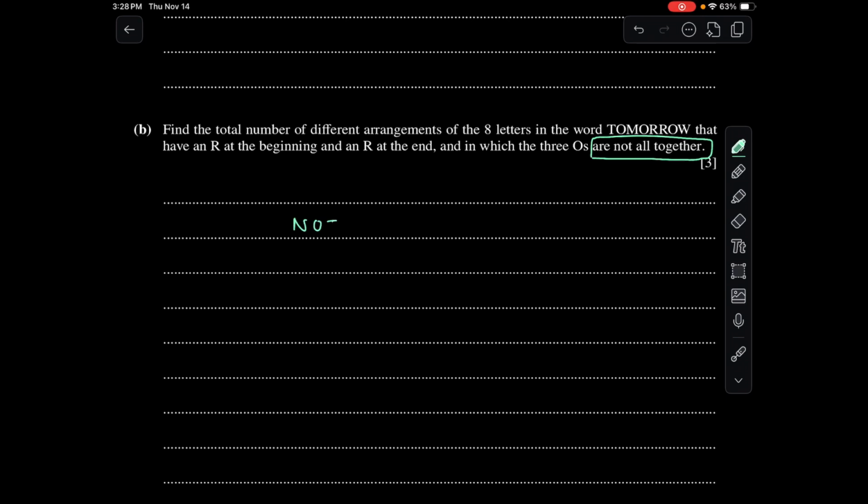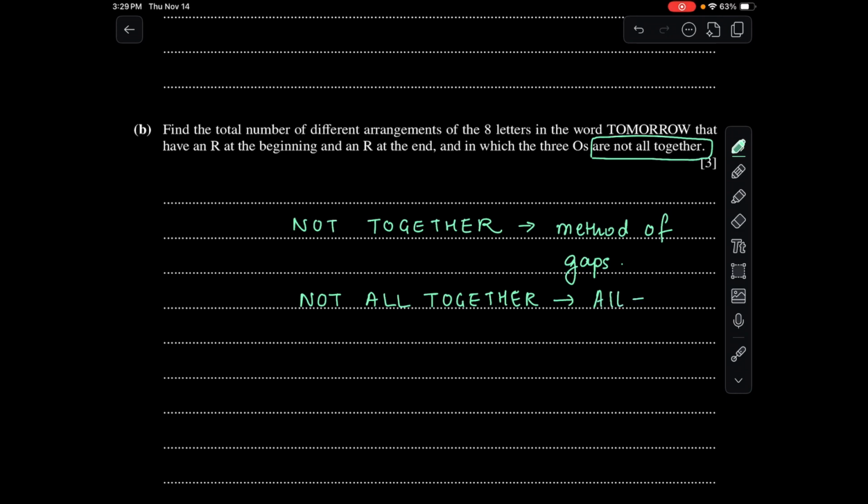When the question says not together, you can use the method of gaps. And when it says not all together, you must only use the method that we are going to see now, which is all minus together.